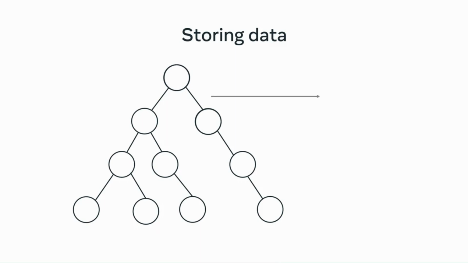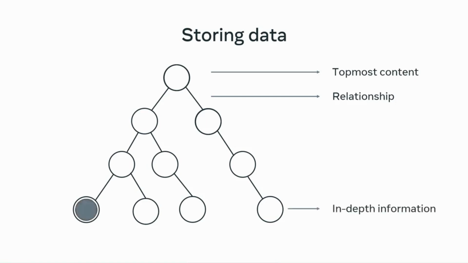The connections between the nodes indicate a relationship that is inherent in your data. They can store information in a hierarchical fashion, where the topmost content is stored in the upper nodes, and more in-depth information can be retrieved by traversing a given branch of a tree. They are also very efficient for inserting and deleting data due to the flexible way in which they are implemented.